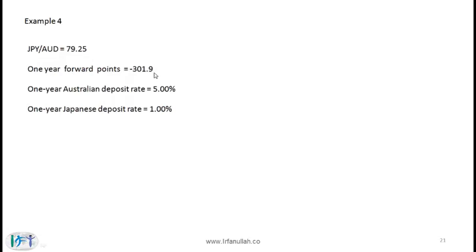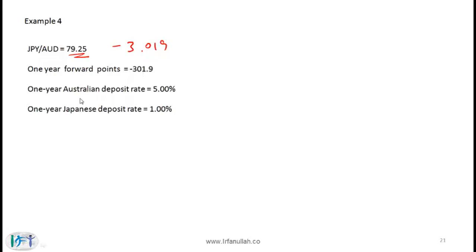Recall that with euro dollar, we had 4 decimal places and therefore we divided by 10,000. So the all-in rate would essentially be this number and minus 3.019. So that's just a side point in case you are confused about forward points.